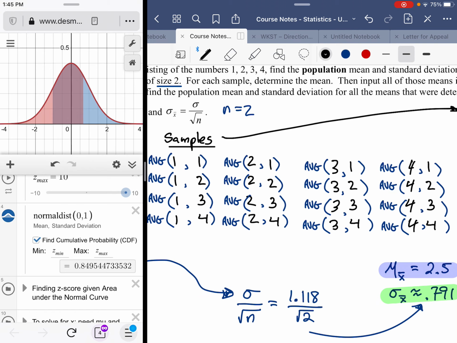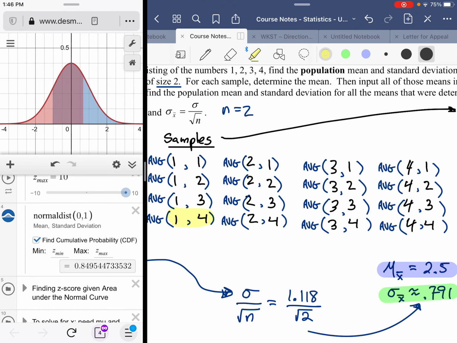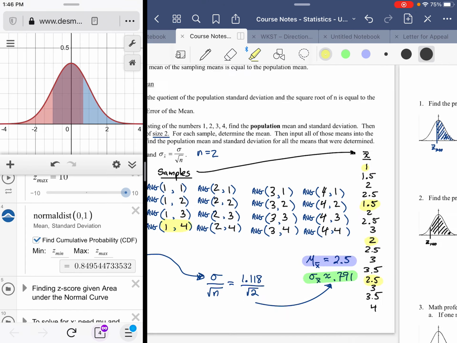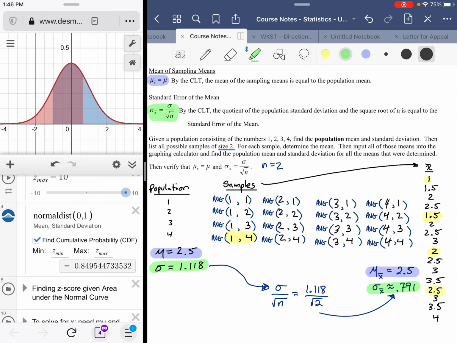All right, so by pairing the 4 with a 1, so looking at this one here, pairing the 4 with the 1, we negated the impact of both the 1 and the 4. All right, that was actually the 4th entry. You'll notice how that became, let me circle that actually. The 1 and the 4 in what we call the sampling distribution became a 2.5.